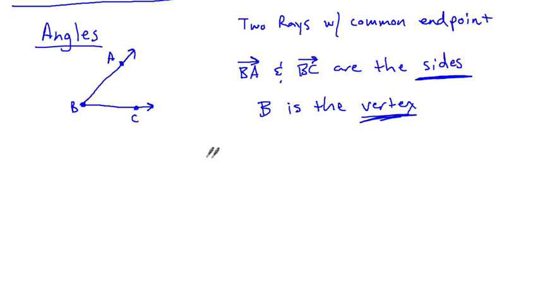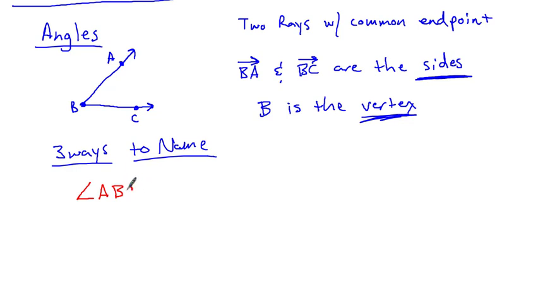Right? There's three ways to name an angle. So let's take a look at our angle we've drawn here. So the first way is we can say that this is angle ABC. Or we could say it's angle CBA.